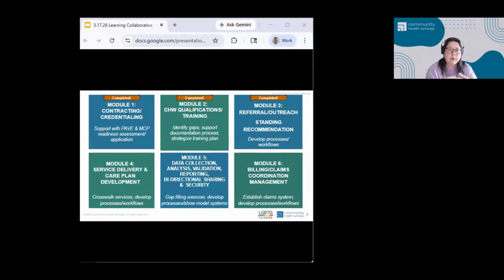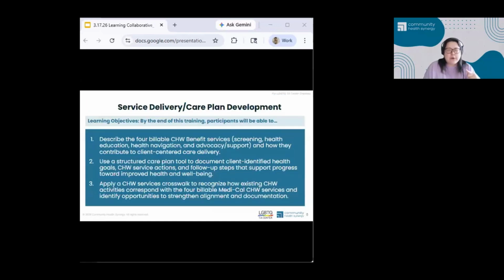So today we're going to focus on module 4, which is on service delivery and care plan development. In this learning collaborative session, we're hoping to share how to develop and implement care plans that guide CHW service delivery under the DHCF CHW Medi-Cal services benefit.